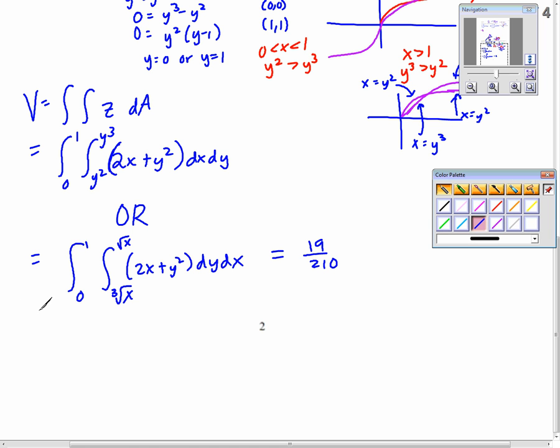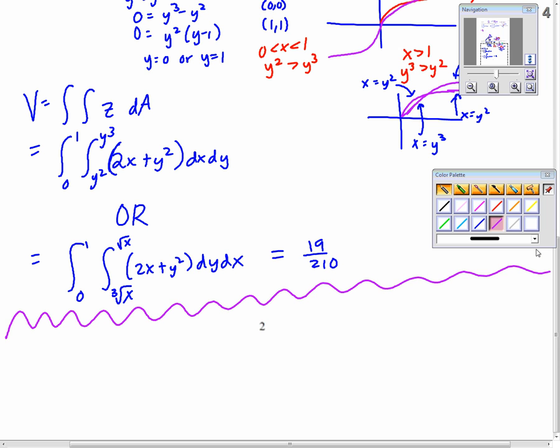Okay, so here's the little summary. The book always talks about, is it region 1, is it region 2. I think it's easier to draw the picture and visualize. Is it easier for me to think about up and down or right and left? And then go from there. If you do dy dx, your rectangles go up and down, so this is going to be the top function, and this is going to be the bottom function, right?